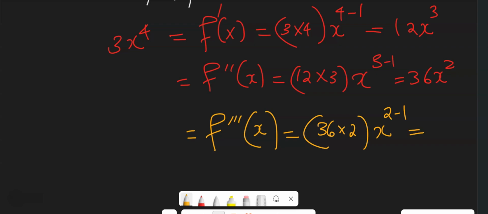So this should be 72 x power 1, which is basically 72x. That's the third derivative.